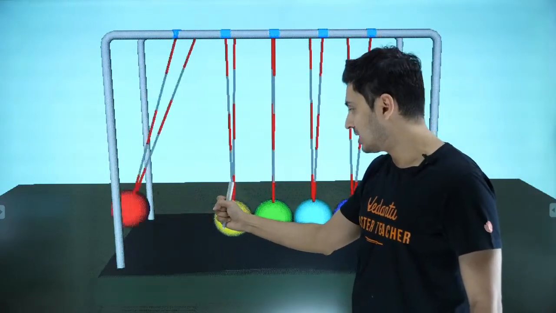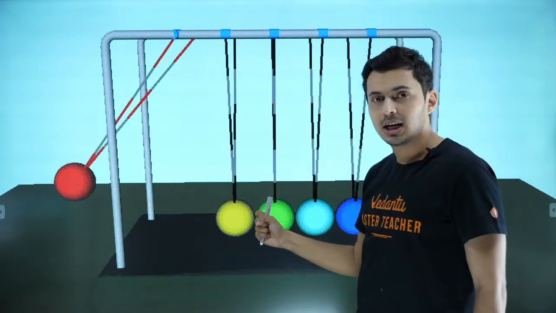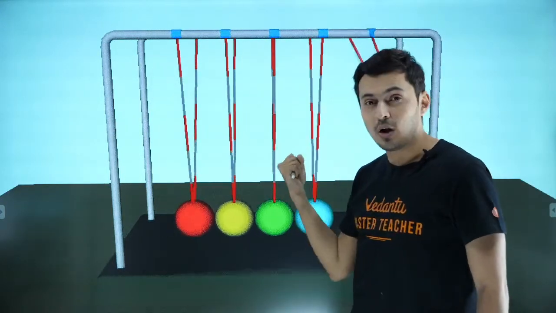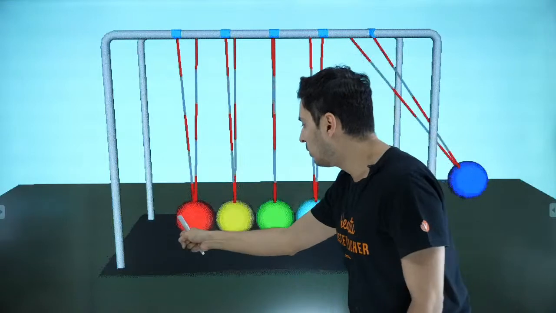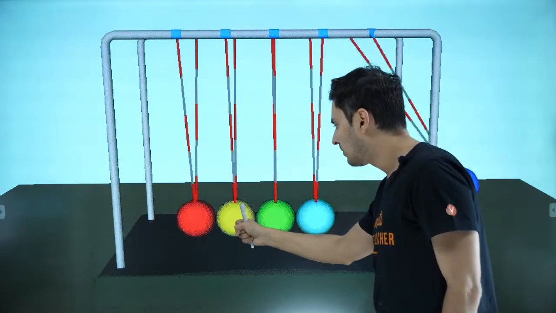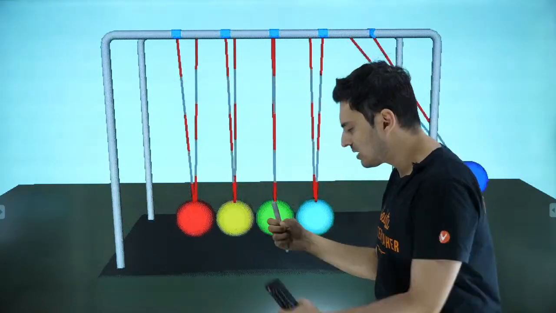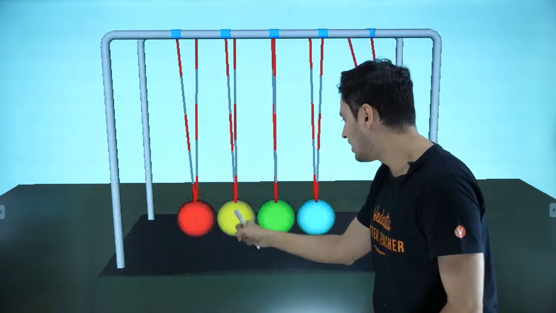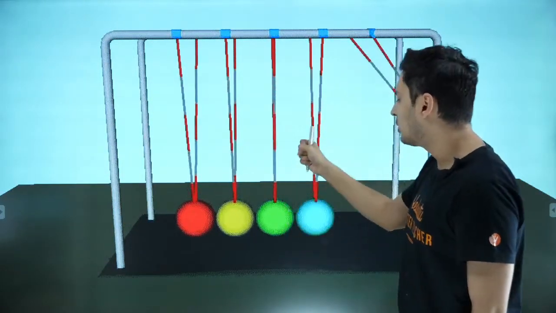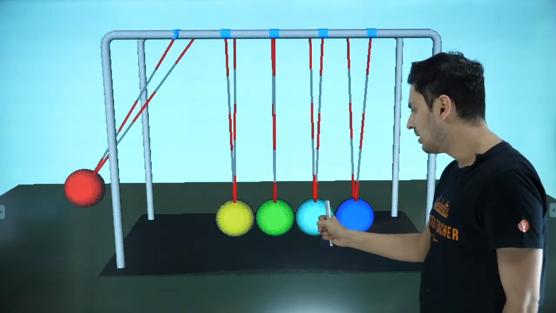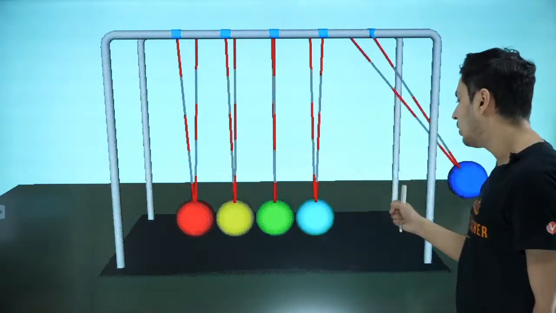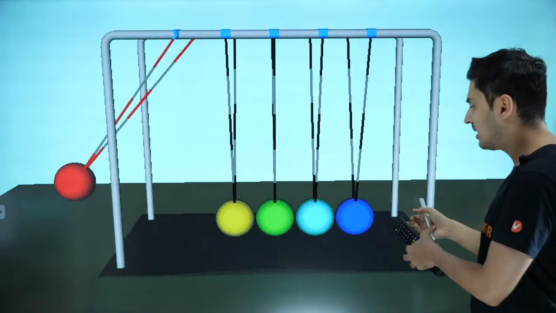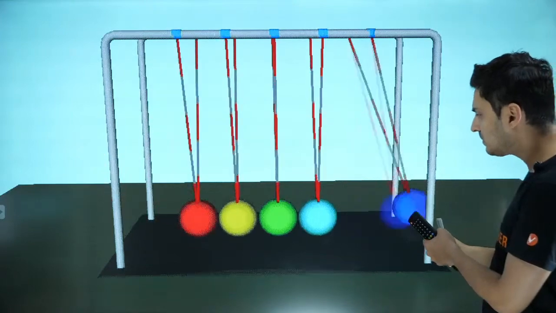That kinetic energy means it also has some momentum, and that momentum gets transferred to the yellow ball, and because they are almost in contact, it gets transferred to the green ball, then almost instantaneously to the blue ball, and then to the dark blue ball.